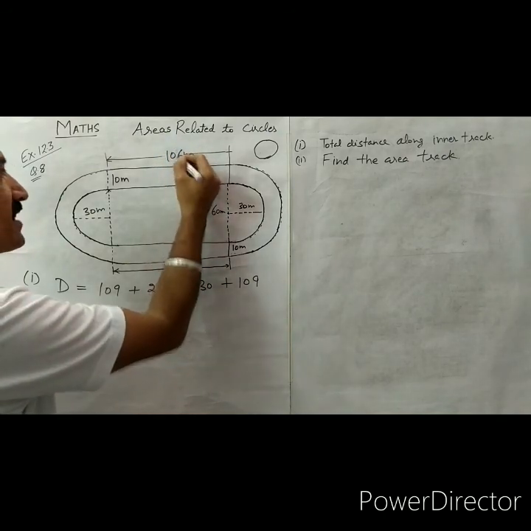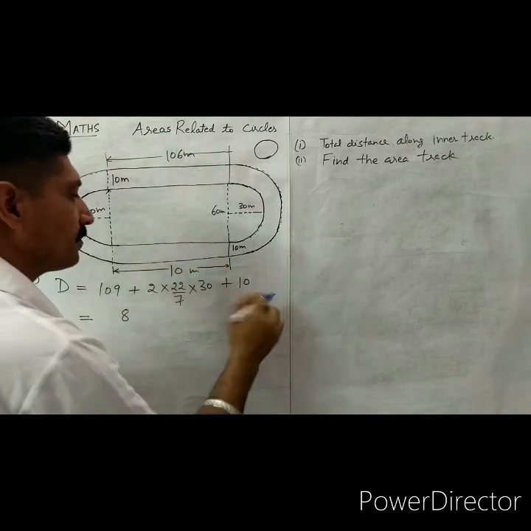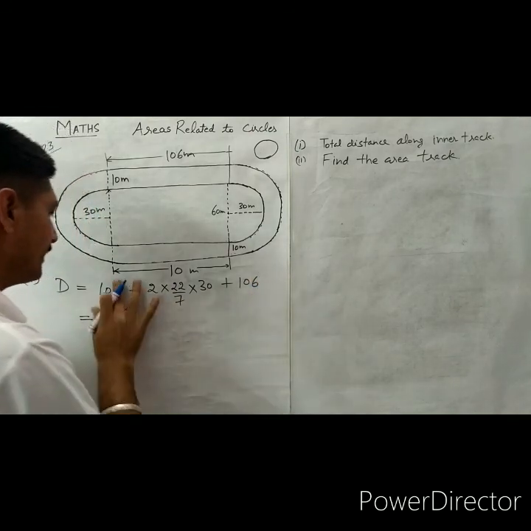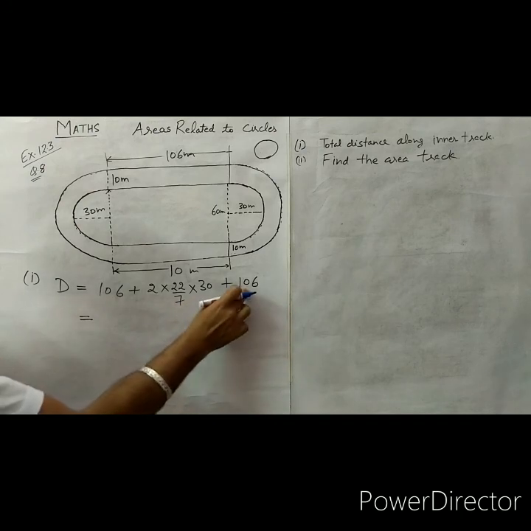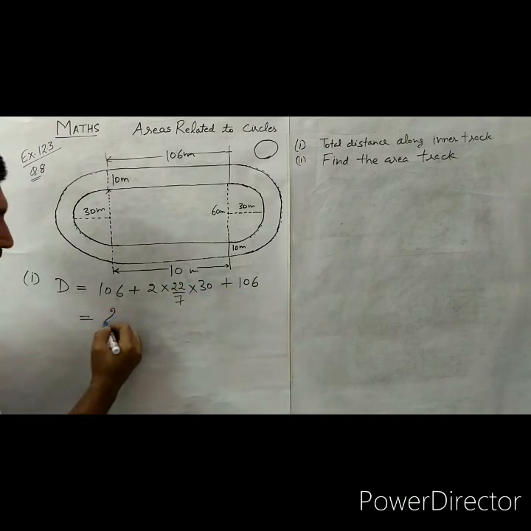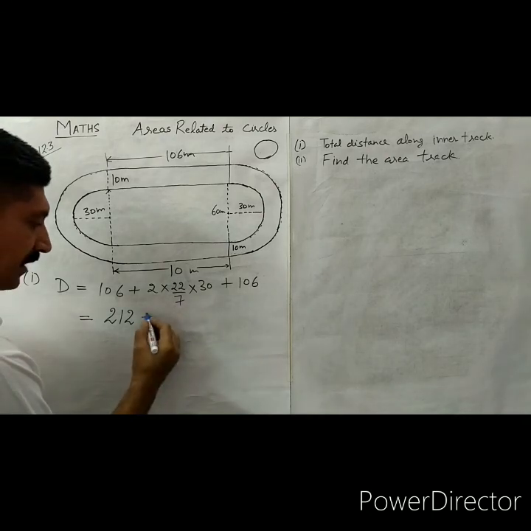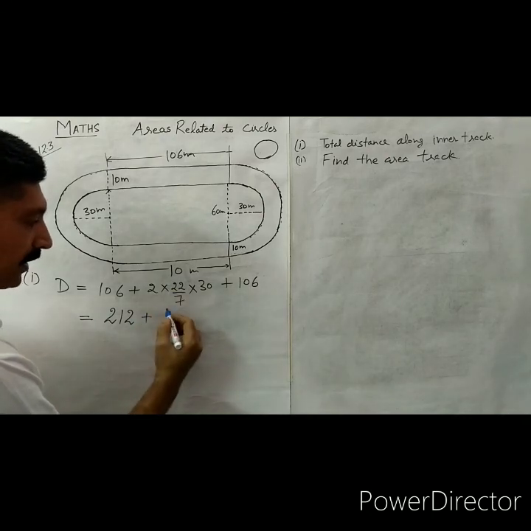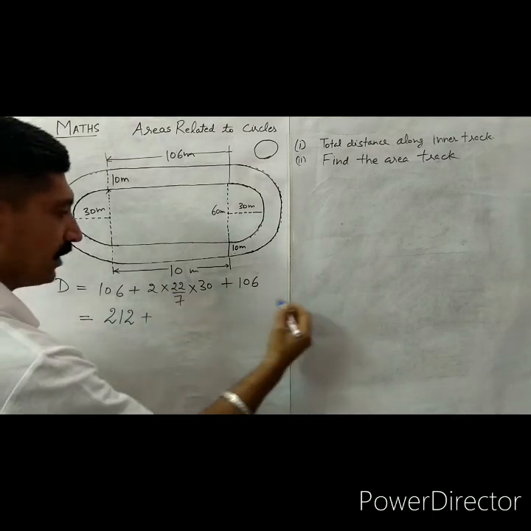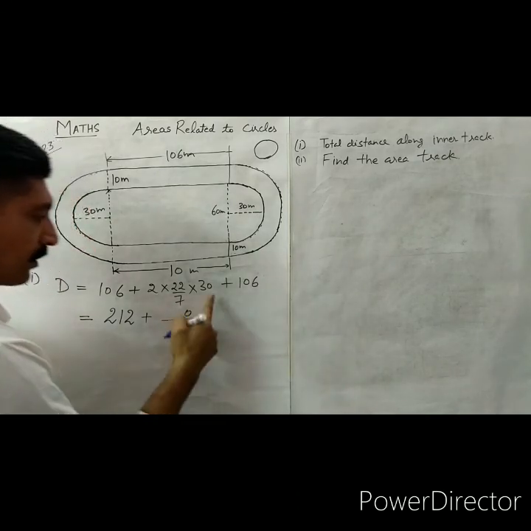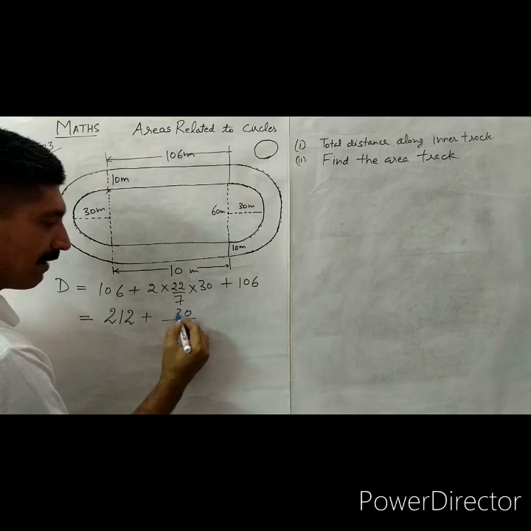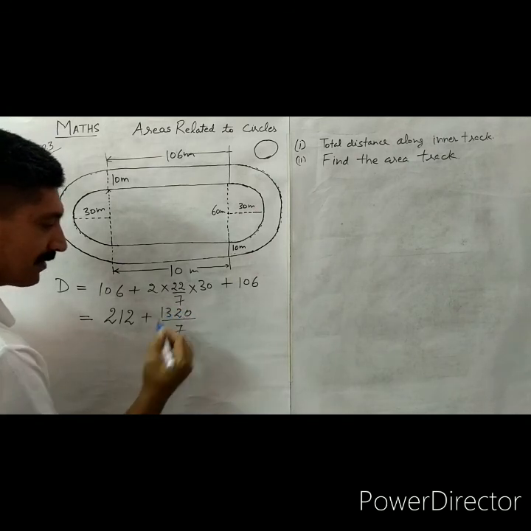So 106 and 106 is 212, plus here 44 into 30 upon 7. 44, 4 3s are 12, 4 3s are 12 plus 1, 13.